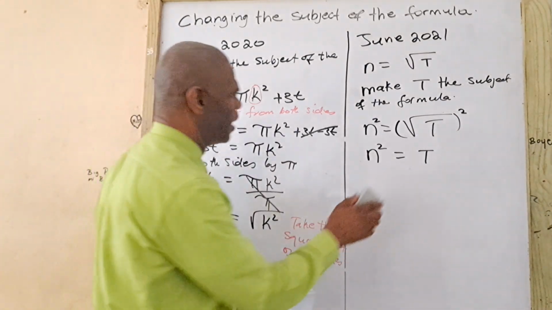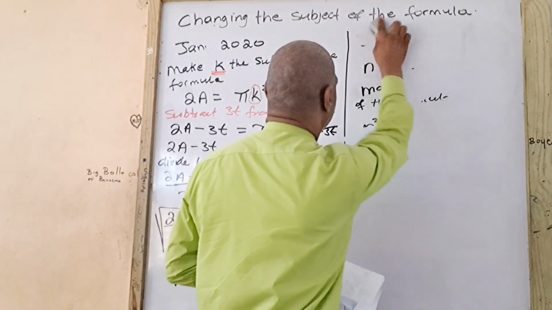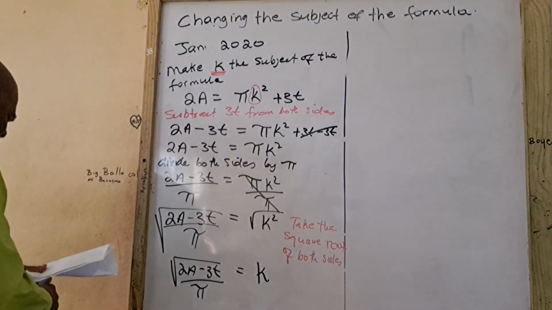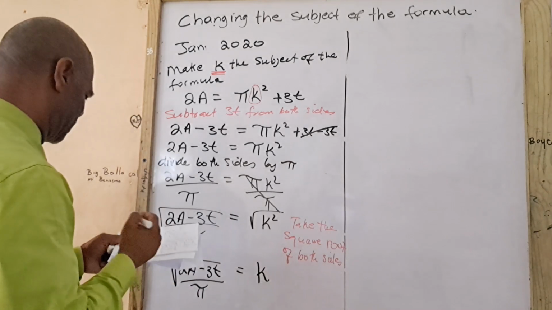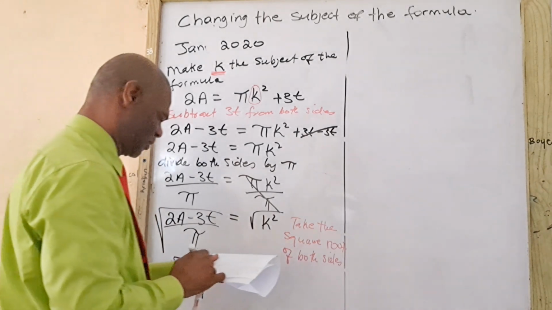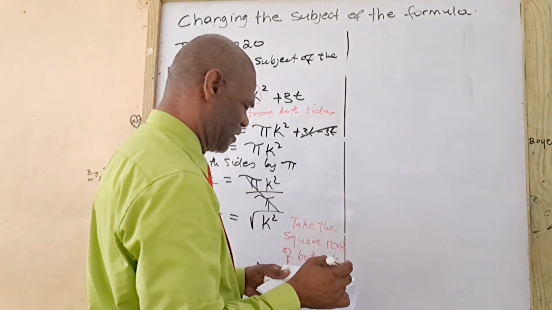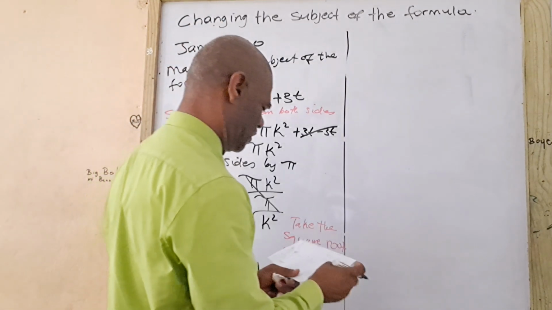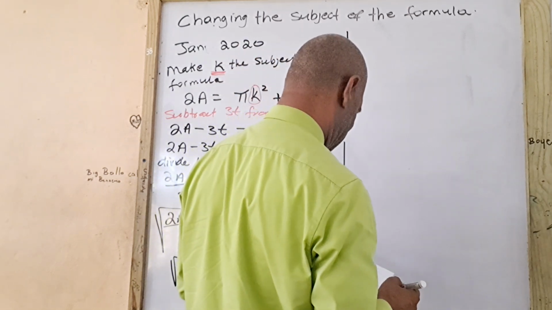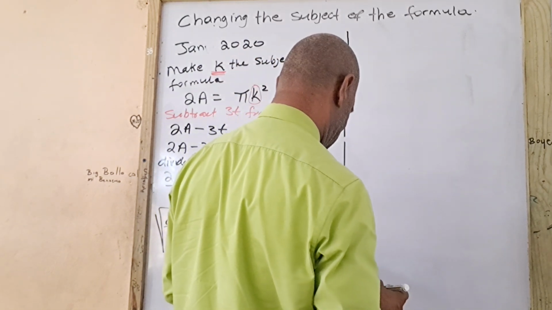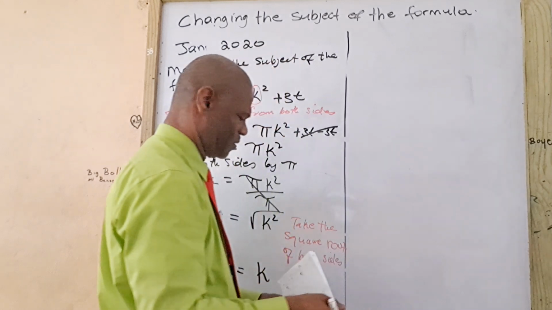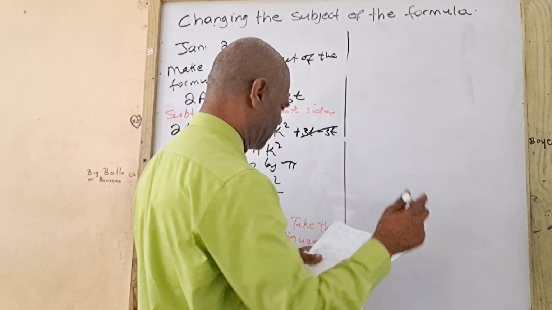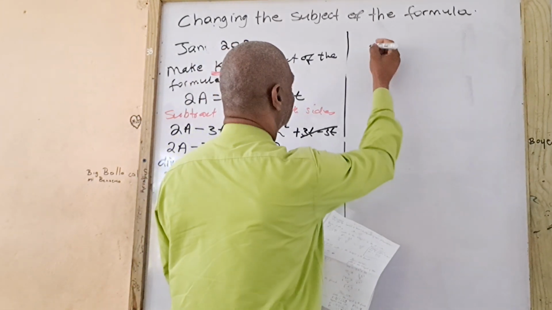Okay, let's do one more. So now we're on 2019, 2021. So June 2018.